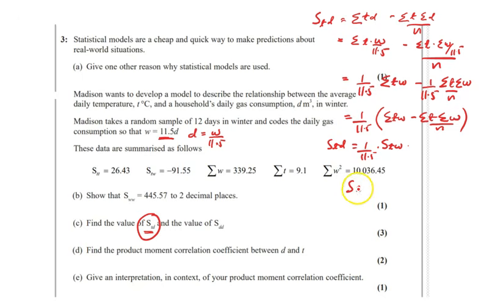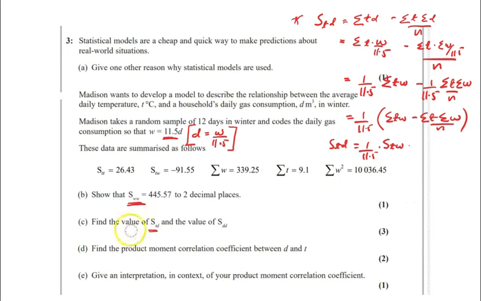That's why we say that STD is equal to STW, which is negative 91.55, divided by 11.5.